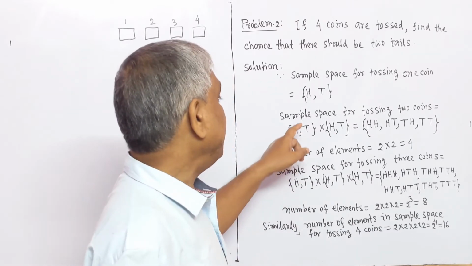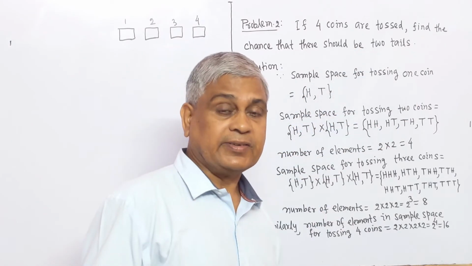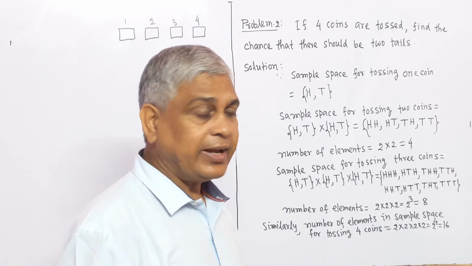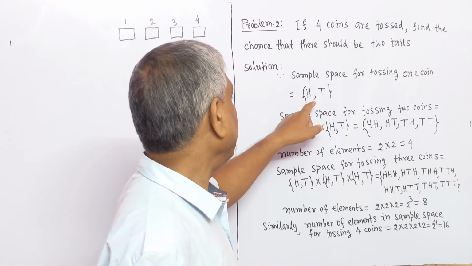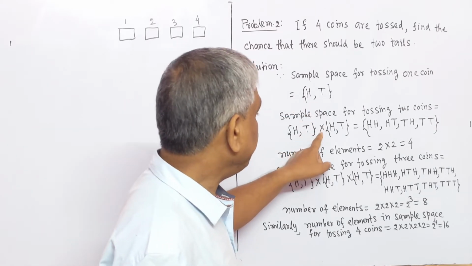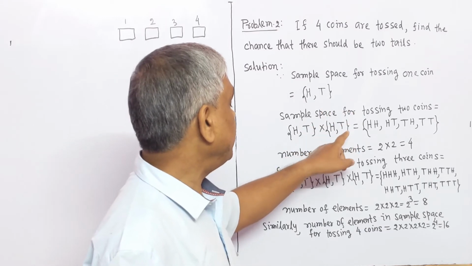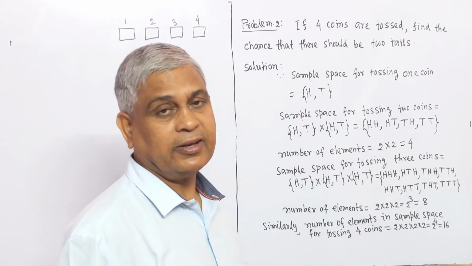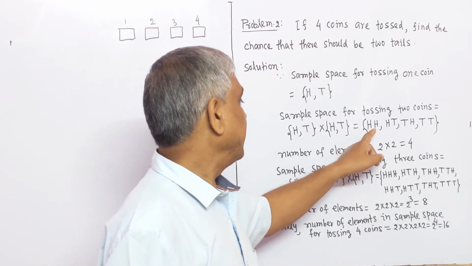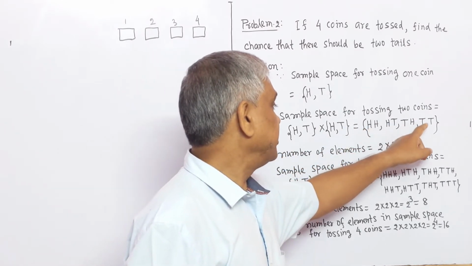Now, sample space for tossing 2 coins. For this, we take sample space for tossing one coin, Cartesian product, sample space for tossing one coin. And this is HH, HT, TH, TT.